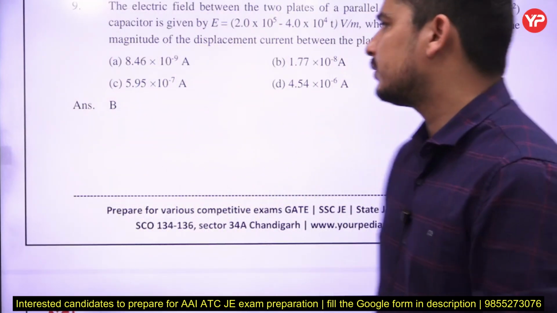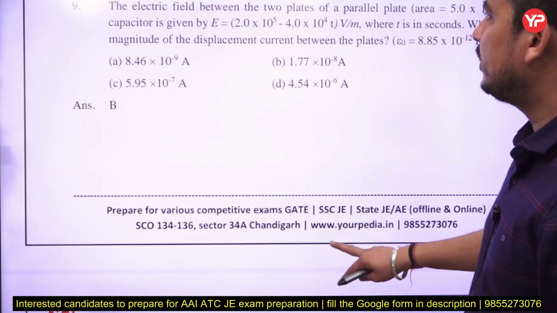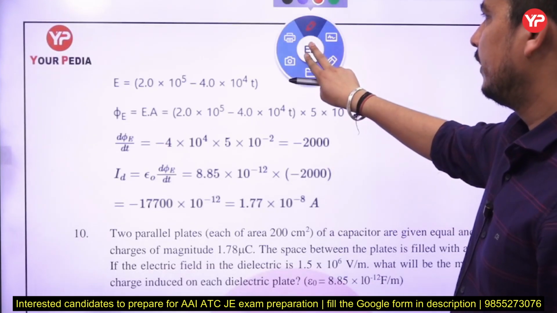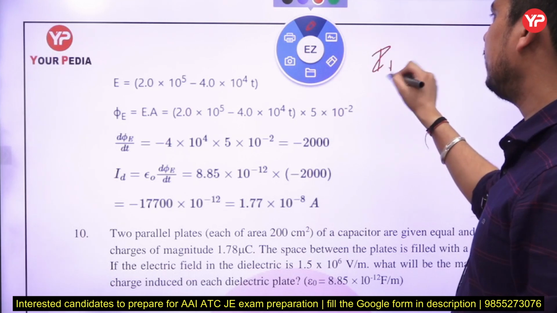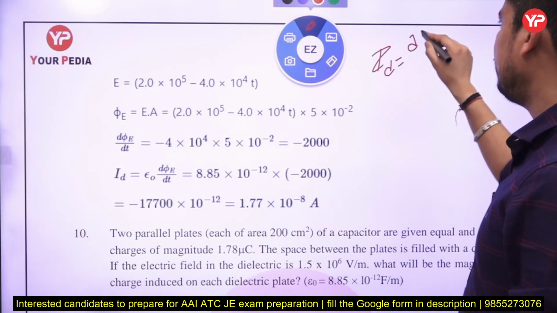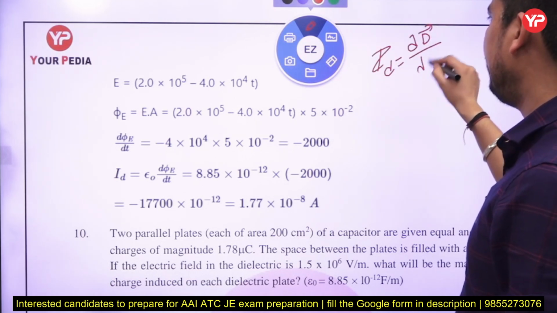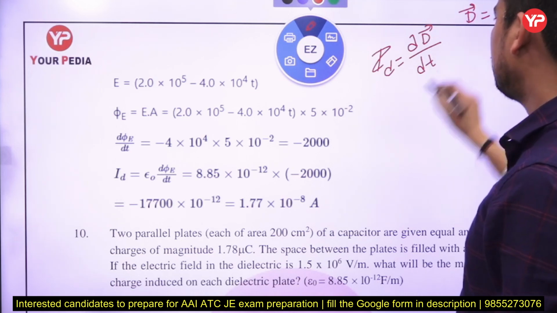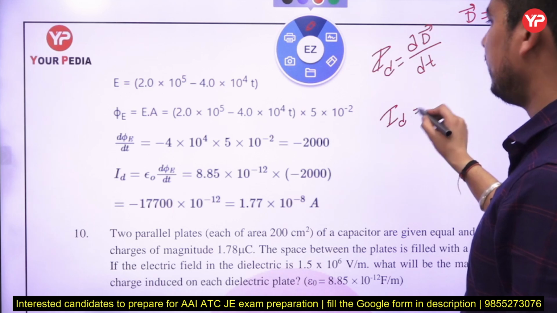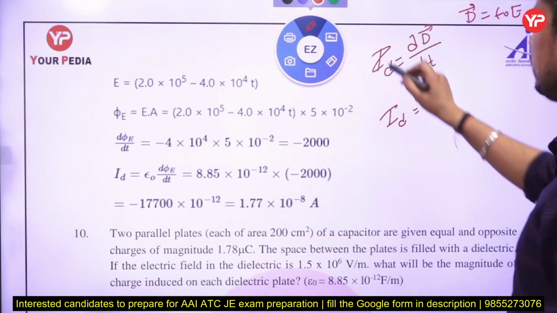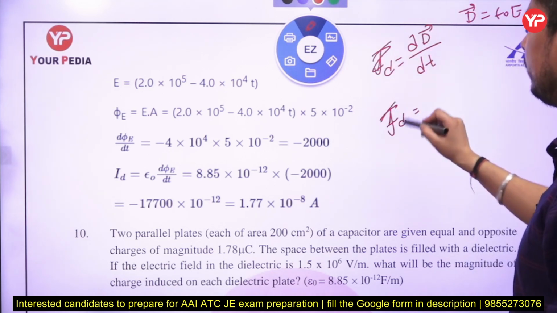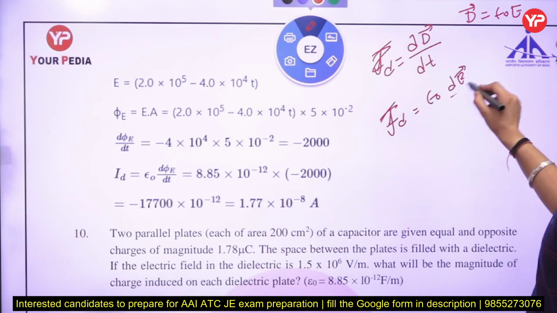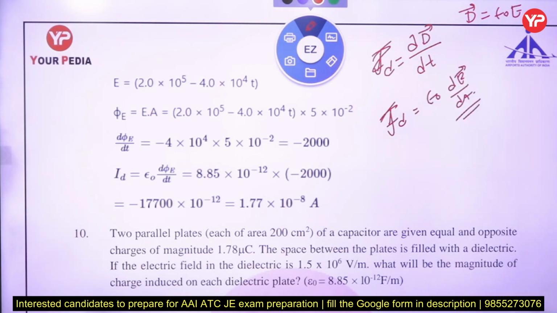So basically, the first thing we have to do, if the electric field is given to you, is that the displacement current density JD is the derivative of del D over del T, and D in a given medium is epsilon naught E. So the displacement current density, multiplied by area, JD is epsilon naught del E over del T. So we have to take a derivative with respect to time.